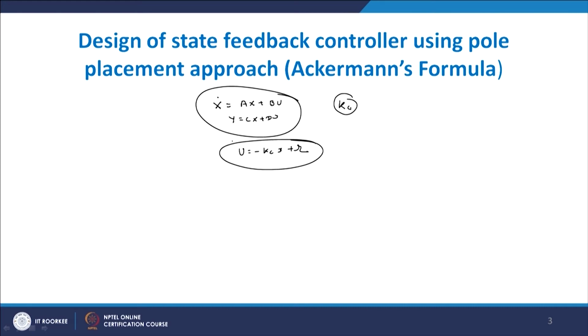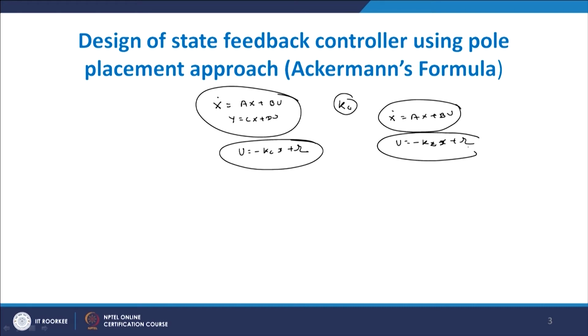All this methodology of designing the controller is basically concerned with this equation only, x dot equals Ax plus Bu, and the control law u equal to minus Kcx plus r.